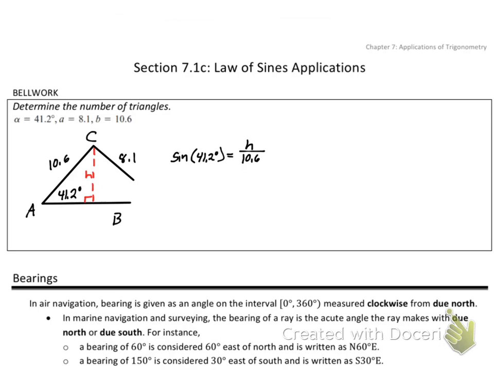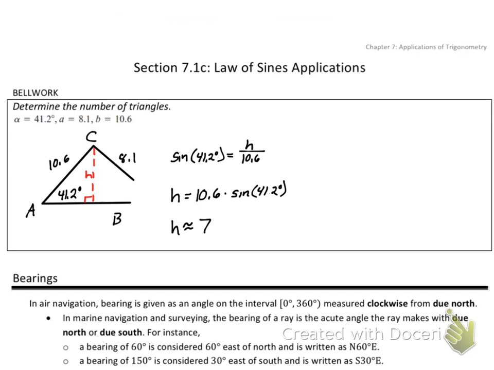Which I multiply both sides by 10.6. So you should have came up with h equals 10.6 times sine of 41.2 degrees. And so our h is going to be about 7, right? About equal to 7. So that means my dangly arm is longer than my height.